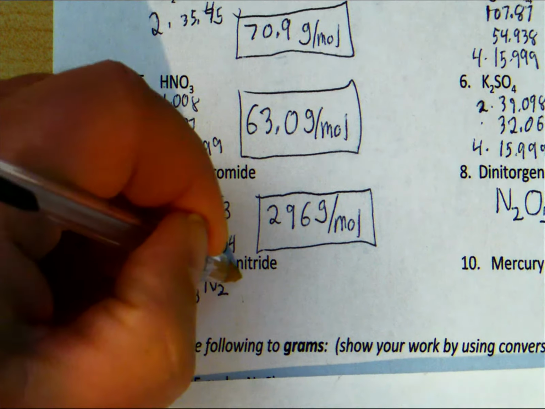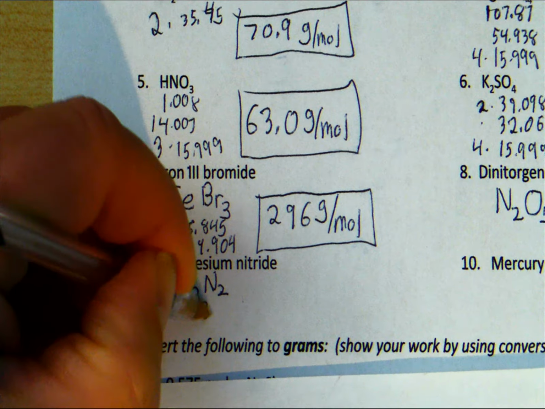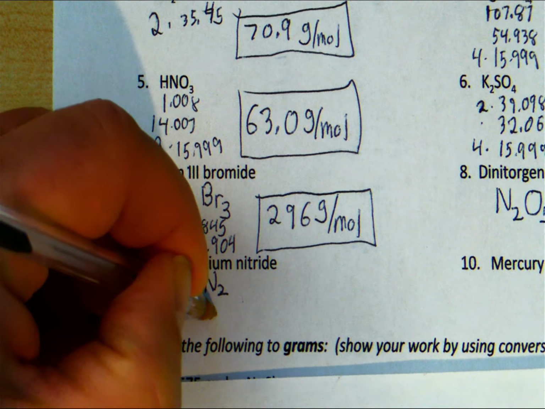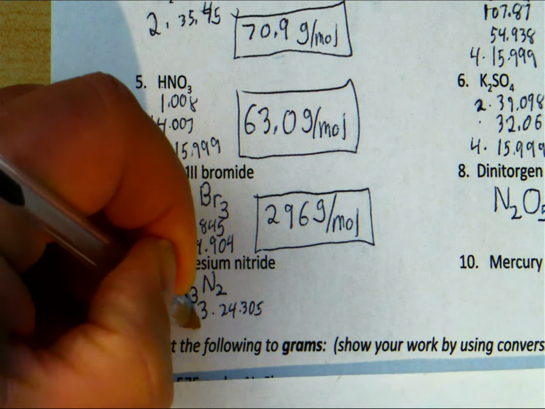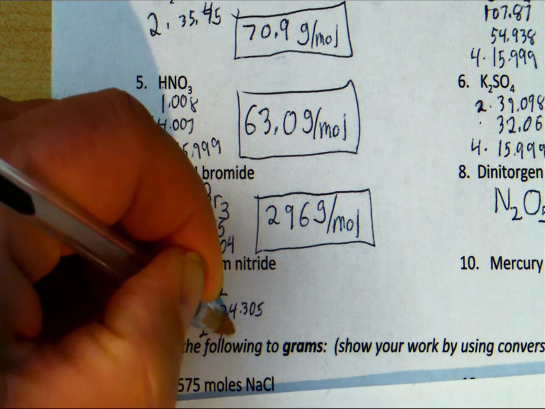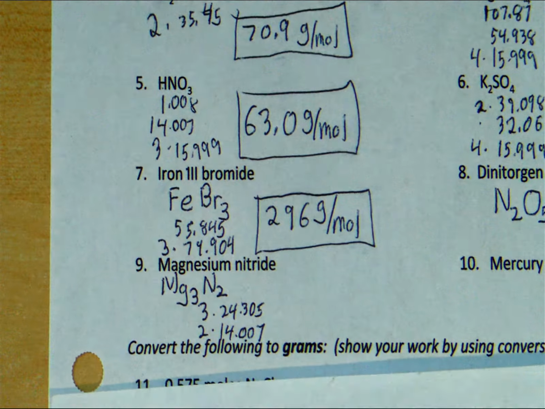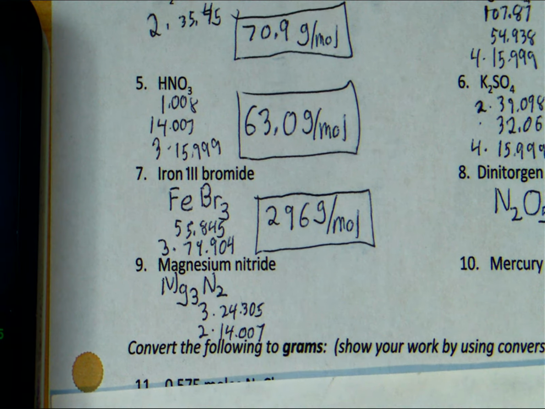So that's going to work out to be 3 times 24.305 plus 2 times 14.007.